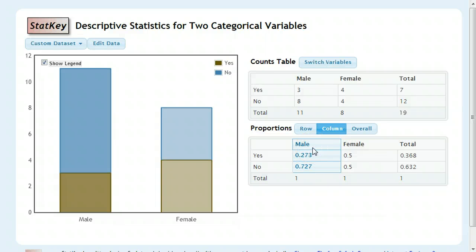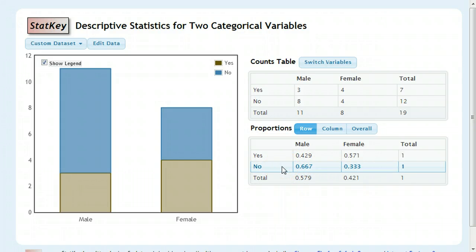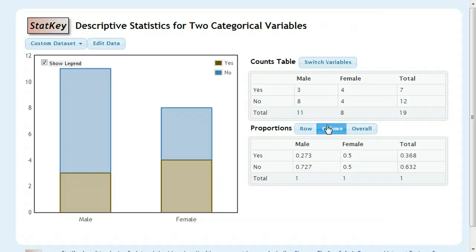Of the males, what fraction do not? 73%. So it breaks it down by saying of the males or of the females here, and on this side it says of the people who say yes, I own a car, what percentage are male? Of the people who say no, what percentage are male, female? So it breaks it down in a different way, and that's why the numbers come out a little different.